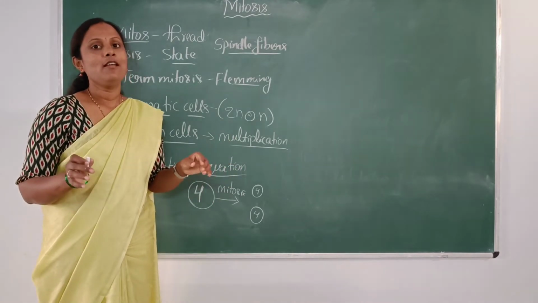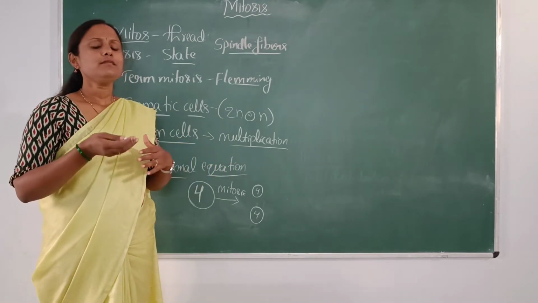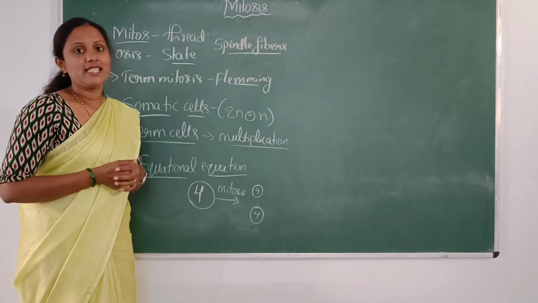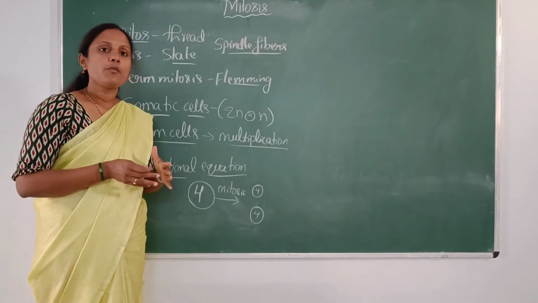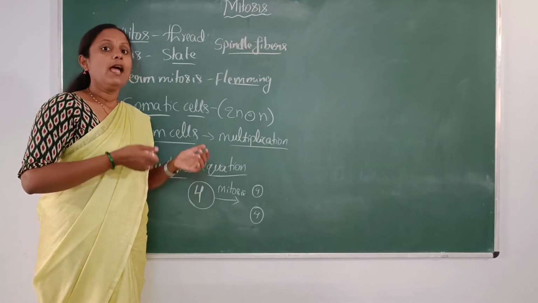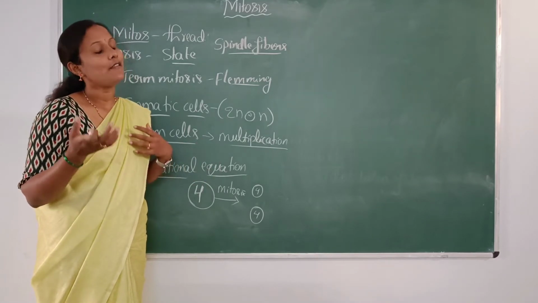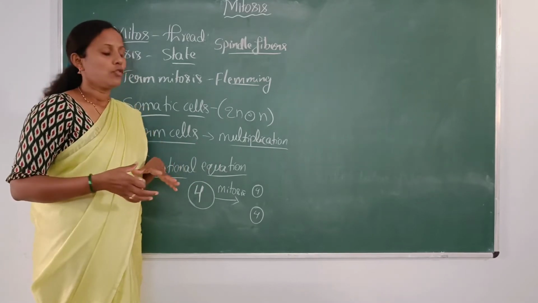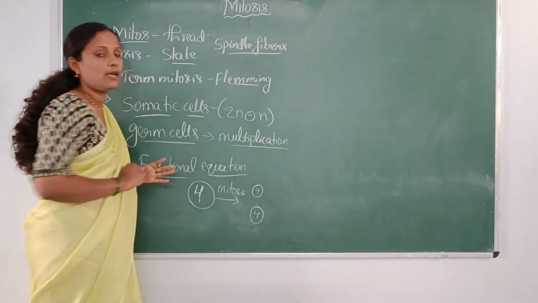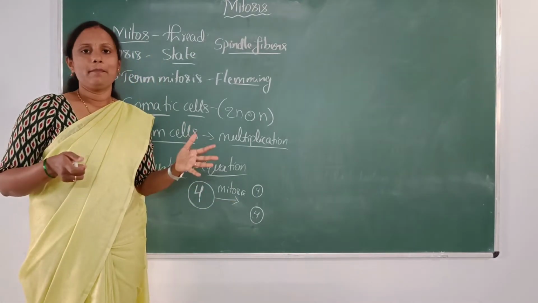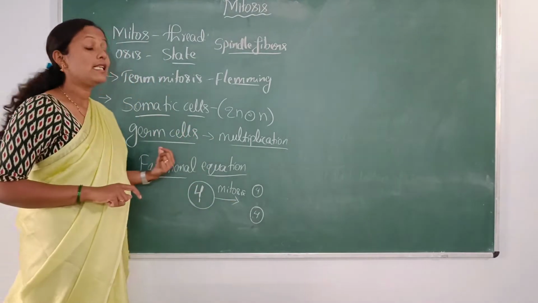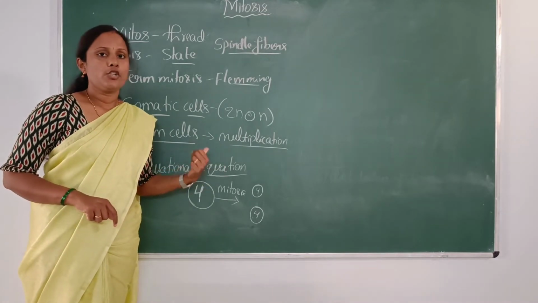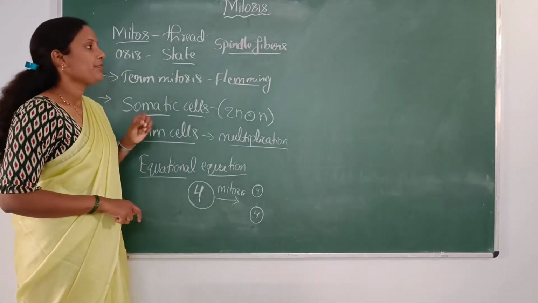So, you can give a reason that during mitotic cell division, the number of chromosomes in the parental cell and the daughter cells will remain the same. So, in both also the number of chromosomes are the same. So, that's why it is called the equational cell division.